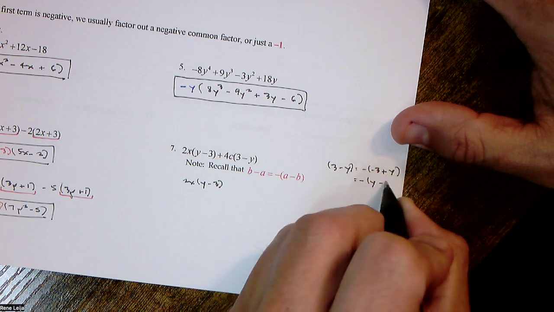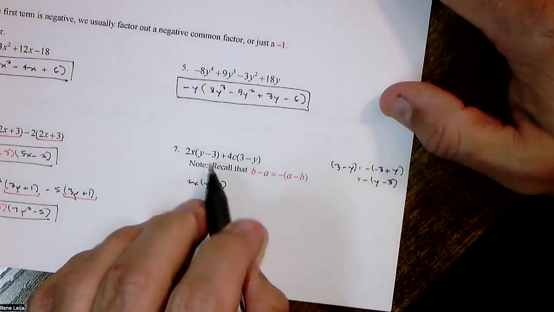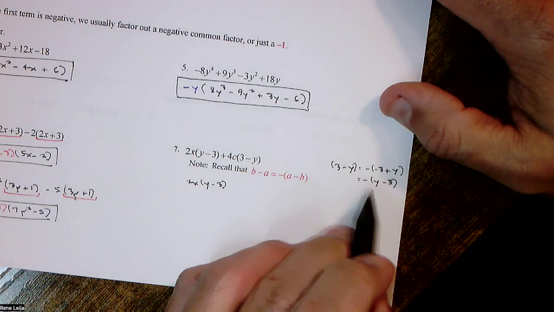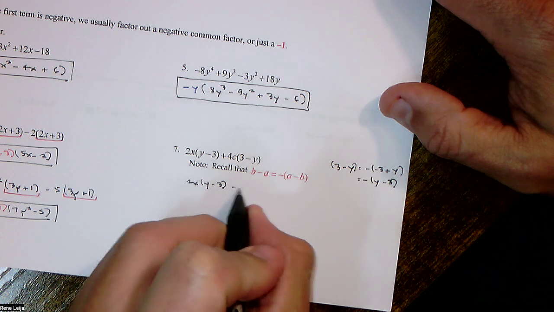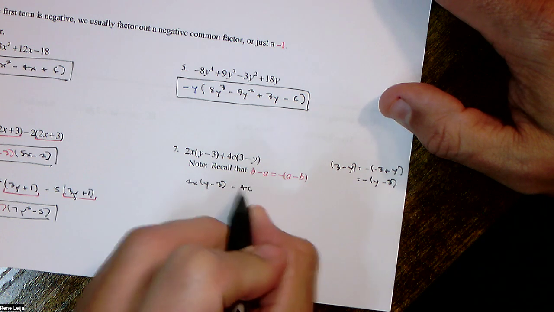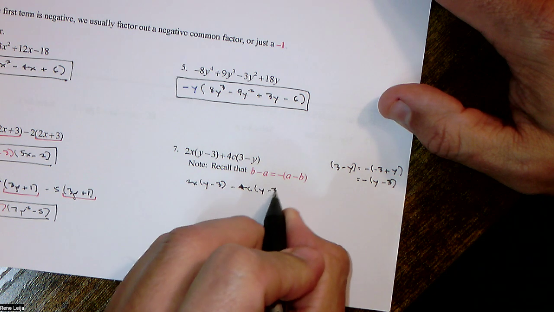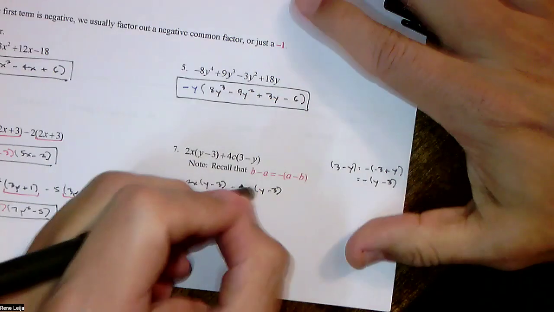But I want to flip this around so that I can make it look like this. Okay? So now here's the negative. Well, the negative is going to move in front of that 4c. And then here's the y minus 3. Okay? This looks like 46.